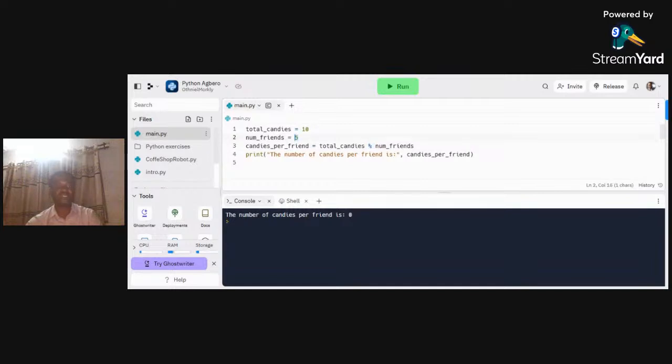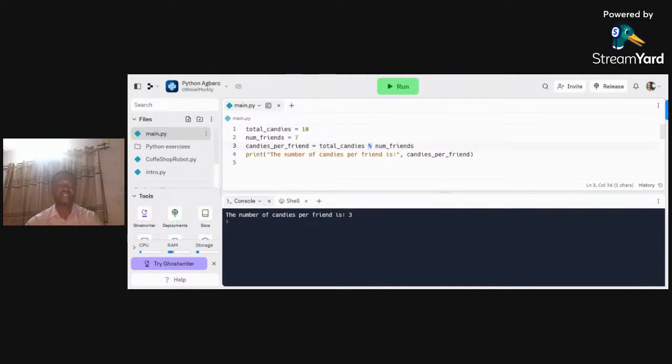What about 6? How many times can 6 go into 10? And what will be the remainder? 4 will be the remainder. What about 7? If I divide it, what will be the remainder? 3. So this operator gives us the remainder of a division. Whatever is the remainder of the division, it will always give you that.